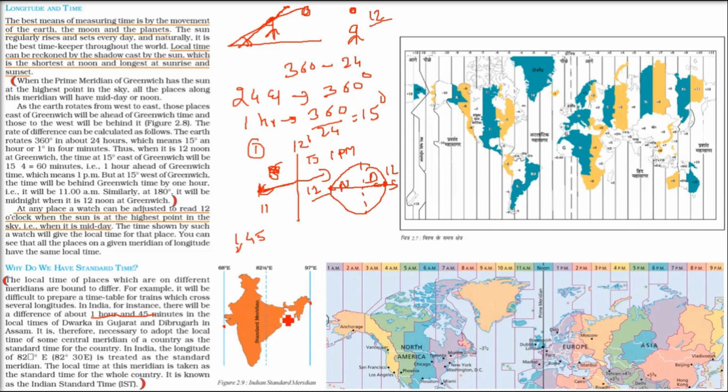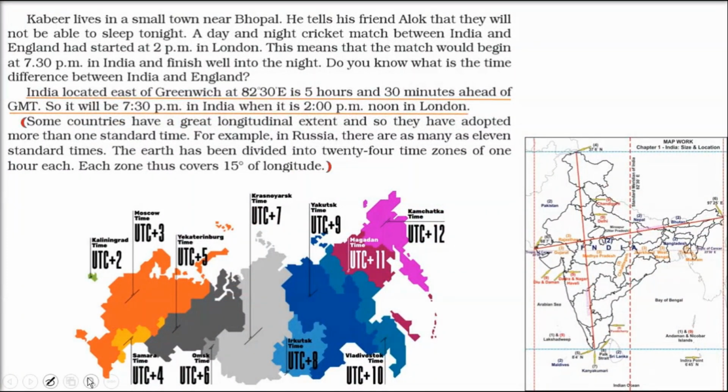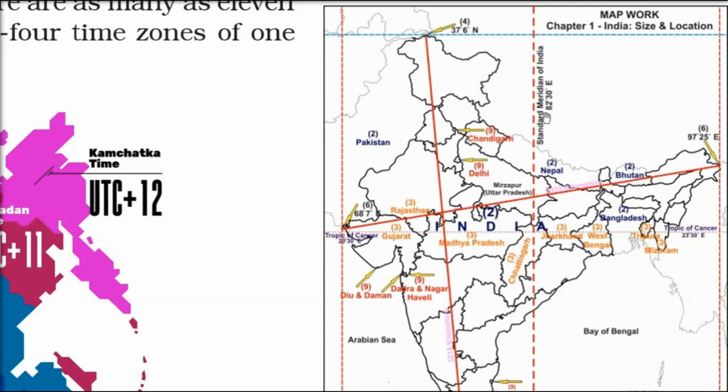Because we are stretched over 30 degrees, we need to have a standard meridian, and that meridian will decide the time all over India. India has decided there is a line passing through Mirzapur in Uttar Pradesh. It is 82 degrees 30 minutes east. There is an imaginary line passing through Mirzapur, Uttar Pradesh. This will be our standard meridian.